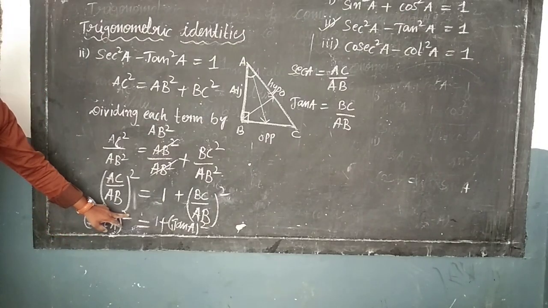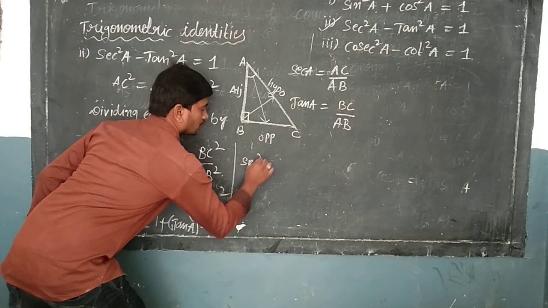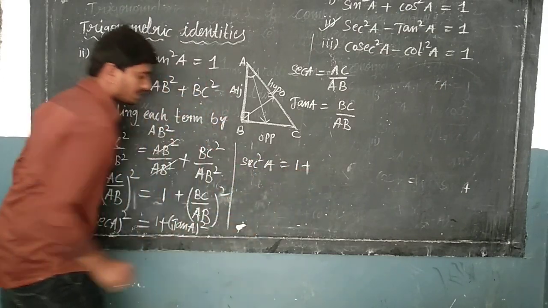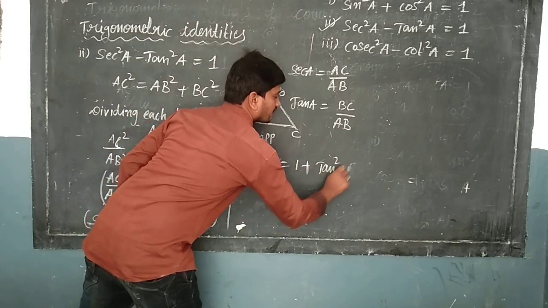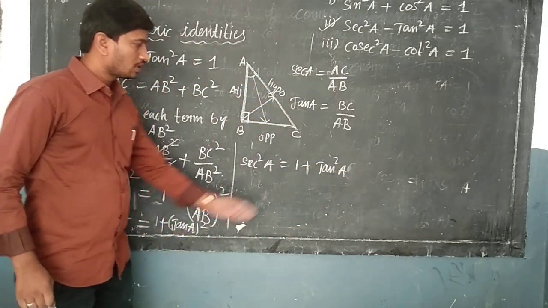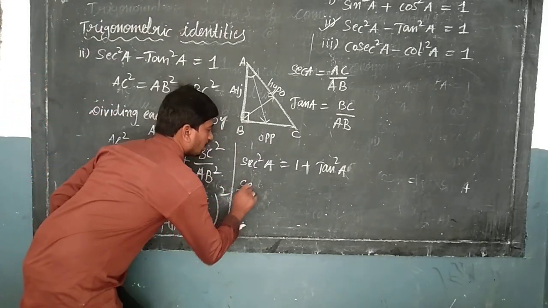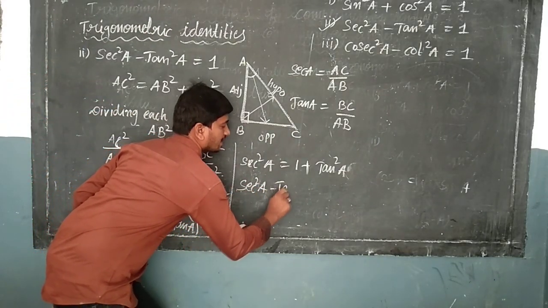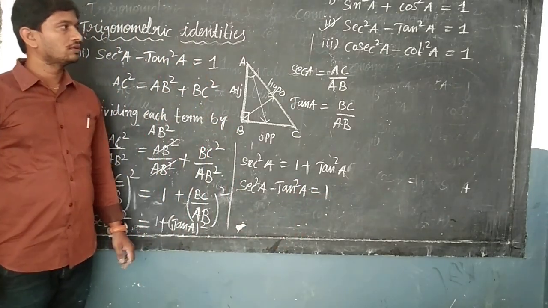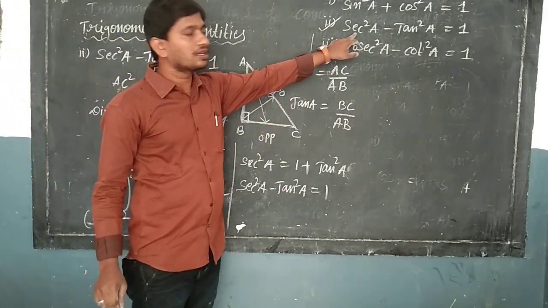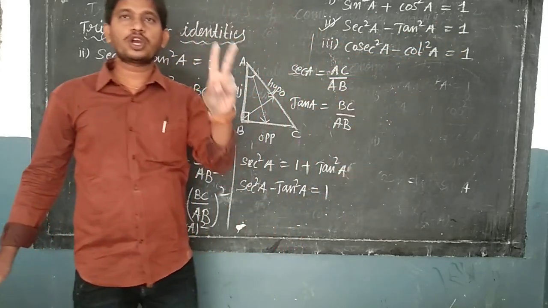So sec square A equals 1 plus tan square A. Bring plus tan square A to the left hand side, it becomes sec square A minus tan square A equal to 1. See students, this is our second identity. We got the second identity.